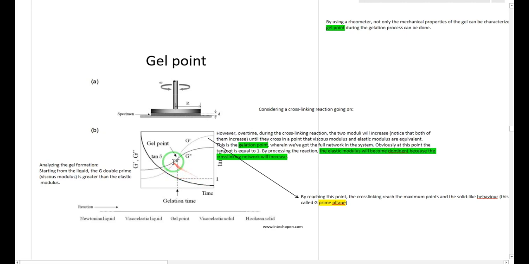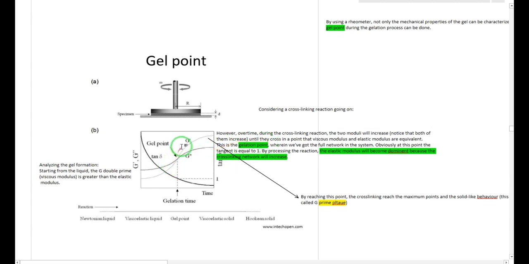And as the time increases more and more, G prime increases and takes over G double prime, and we have the gel. This point where the two moduli are equal is called the gelation point.